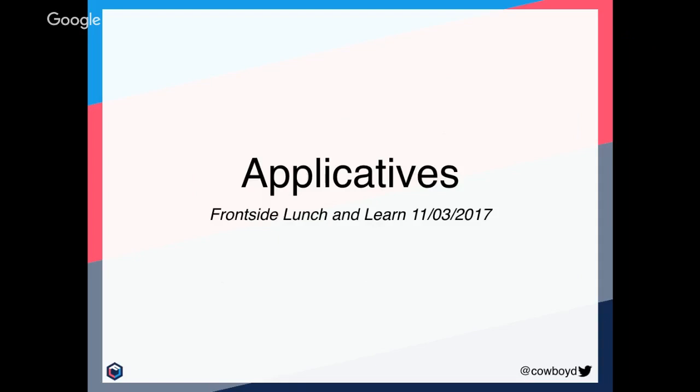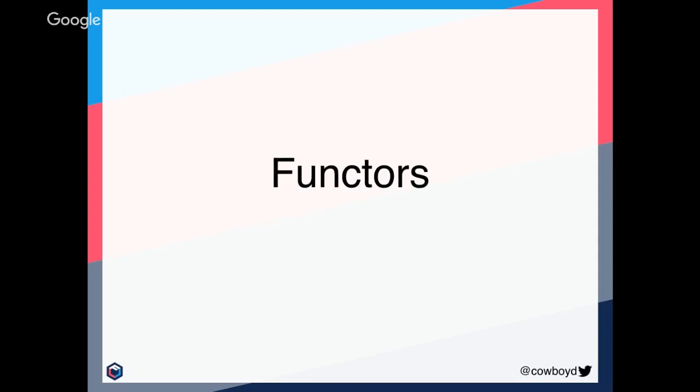But before we start with applicatives, let's start out talking about the review of functors. Because applicatives are, by their broader term, called monoidal functors. And we talked about monoids and we talked about functors, right? But these are weird terms.